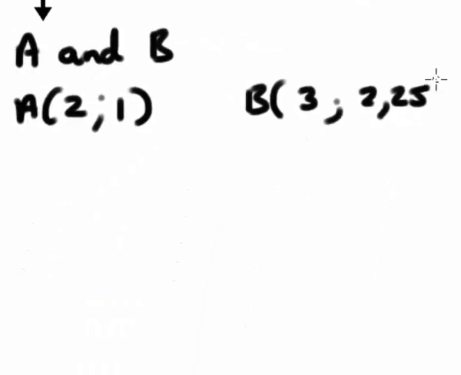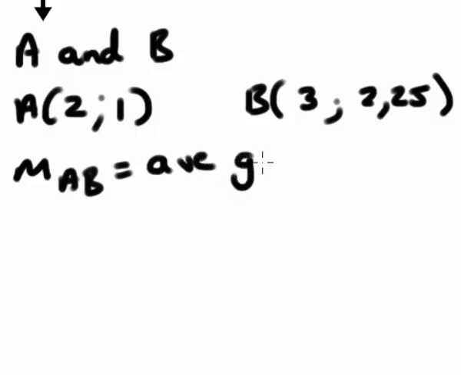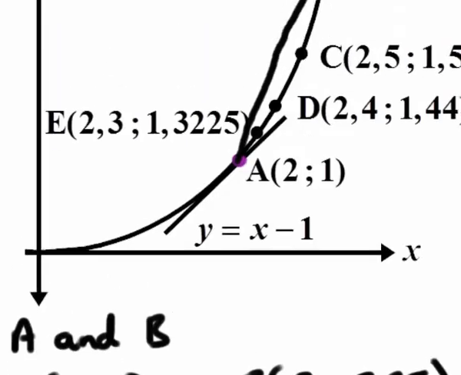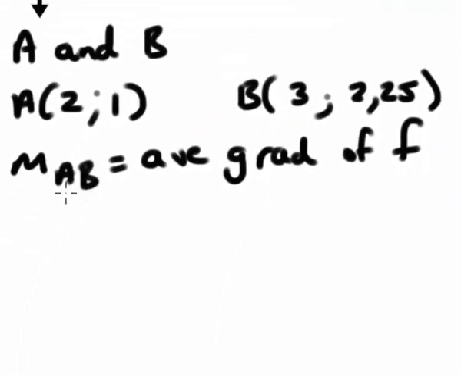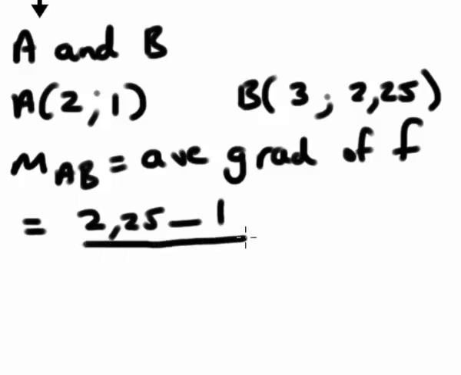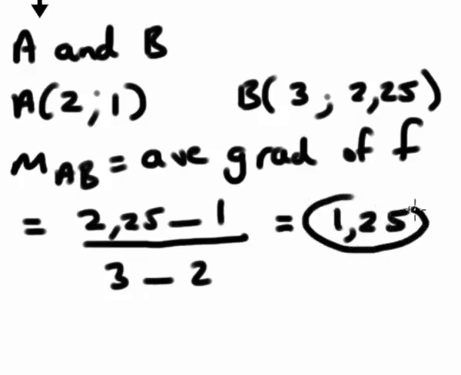It's the gradient of the line AB, which is the average gradient of the curve f. Remember, f is the parabola. That's simply the difference between the y's, 2.25 subtract 1, divided by 3 minus 2. You can work that out and verify that it's going to come to 1.25. I'm going to circle that value.